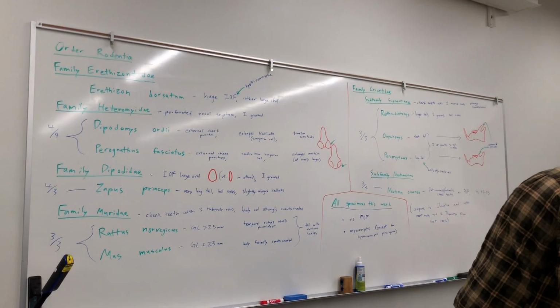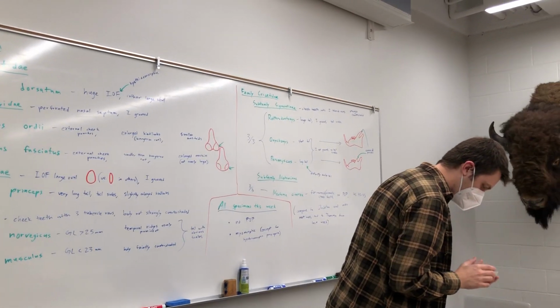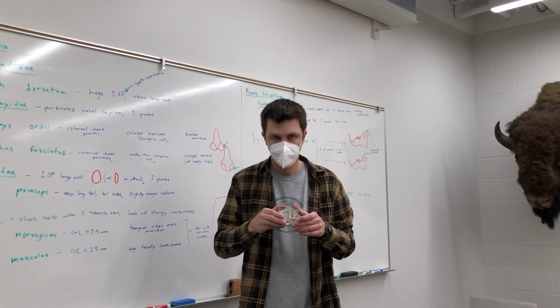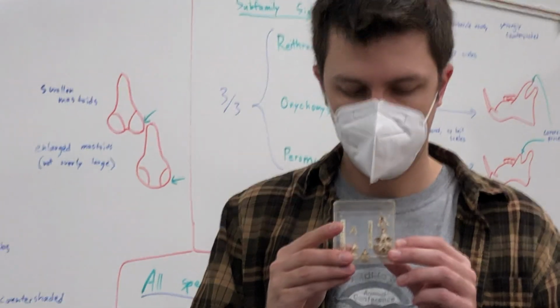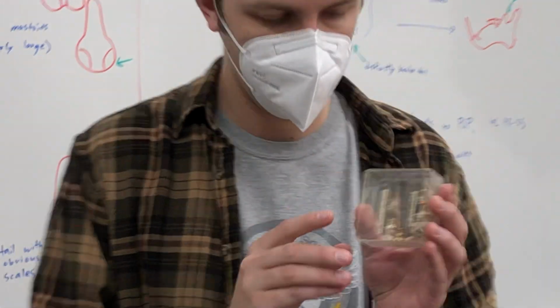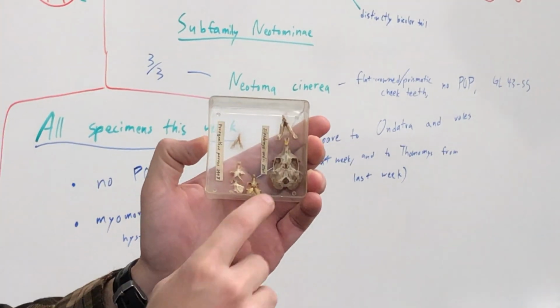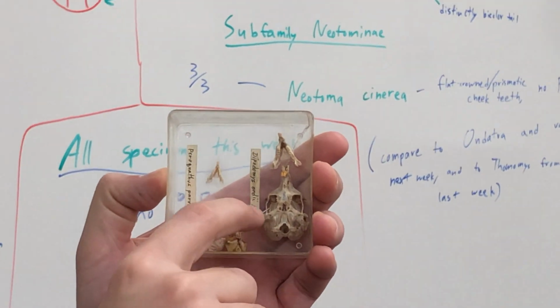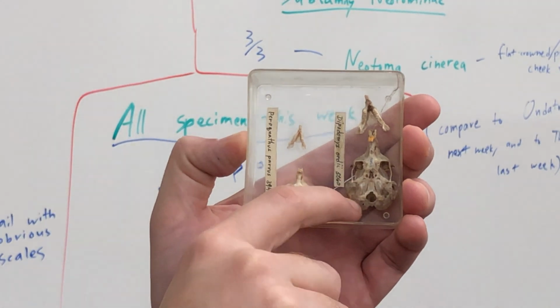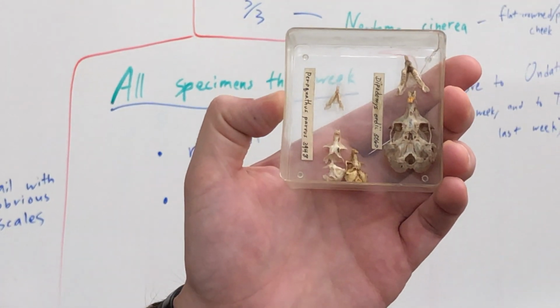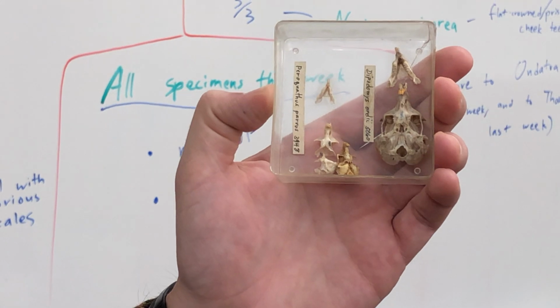Let's see if I can get a good view of this. What you're looking at is this bit of bone right here. On the kangaroo rat, you can see how enormous it is, it's swollen, it's basically spilling out of the skull.